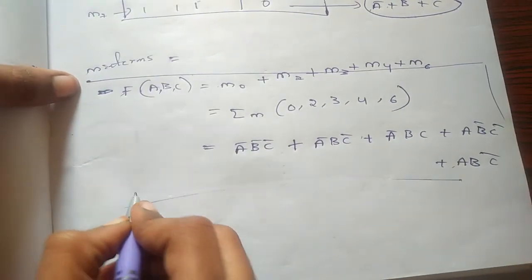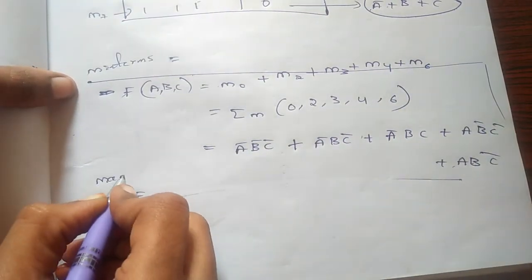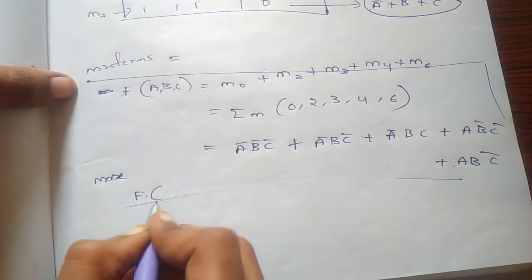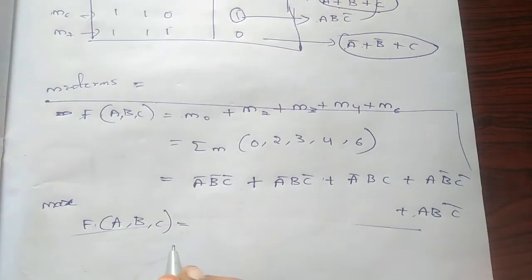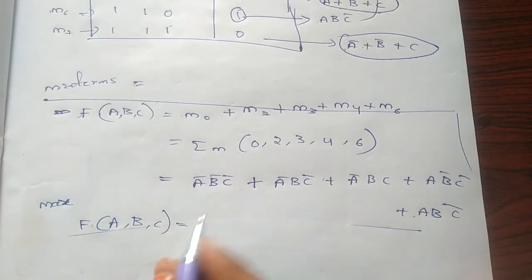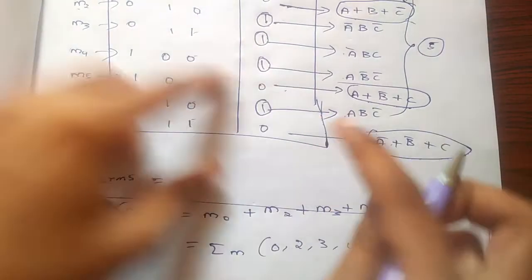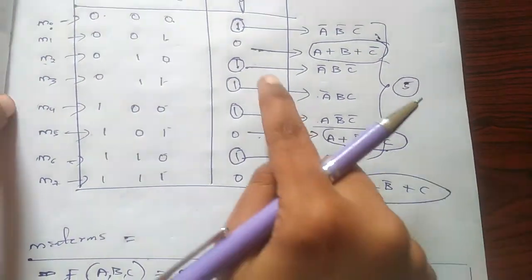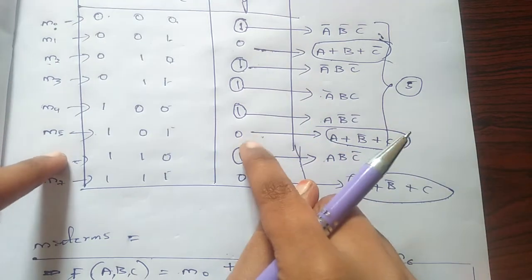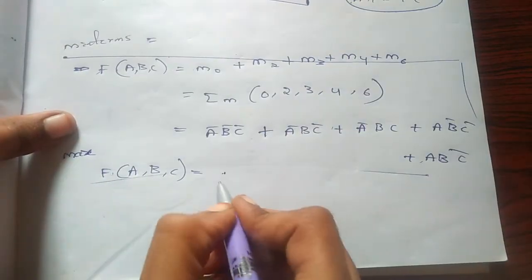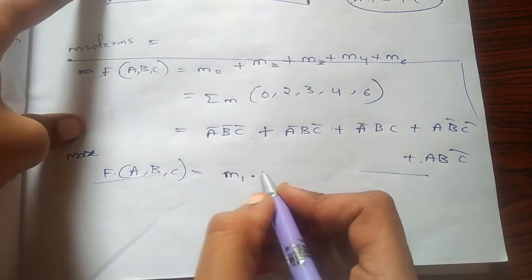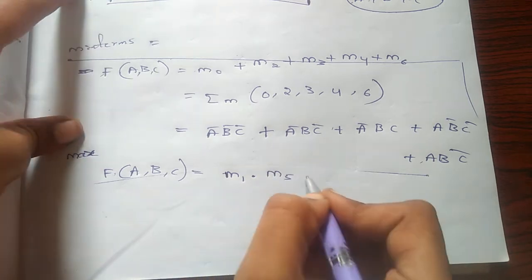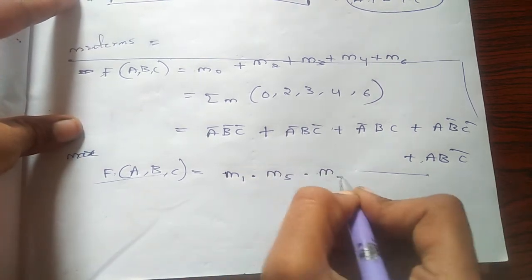So how to represent in max terms? In max term, where did we get the max terms? First position, fifth position and seventh position.